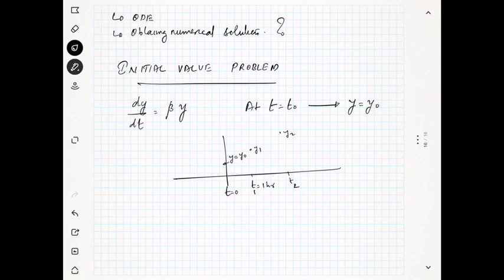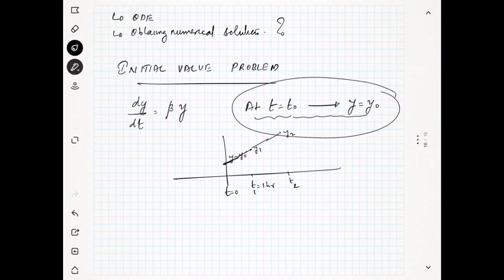So you will be finding y1, y2, y3, etc. by using the initial information, right? The information regarding time t equal to 0 and how much y is, that is y equal to y0, is given. By giving these two parameters, you are proceeding further, and this kind of problem is known as an initial value problem.